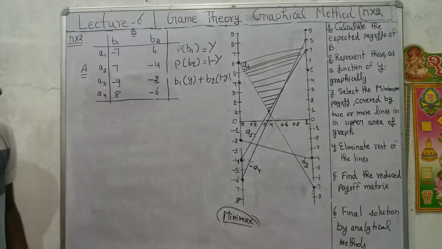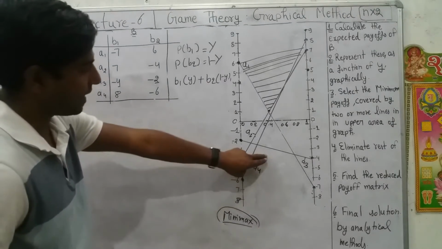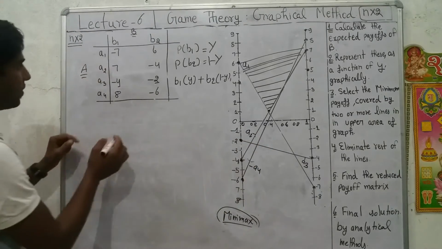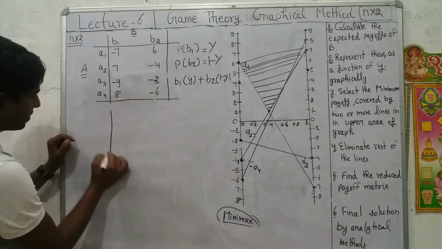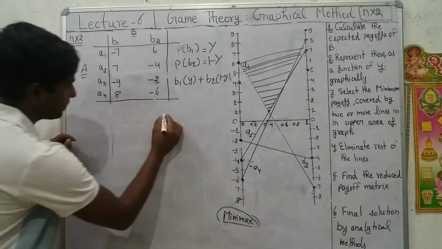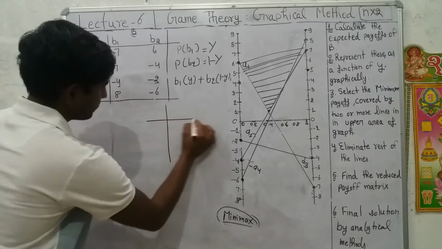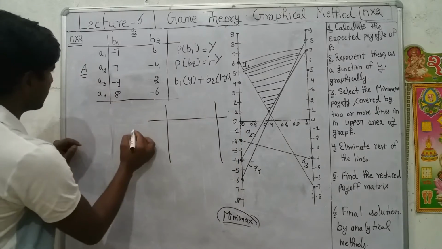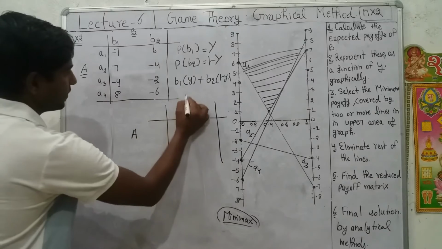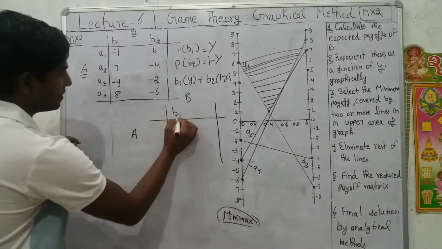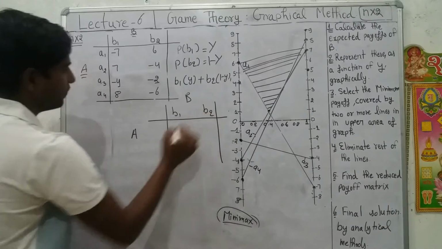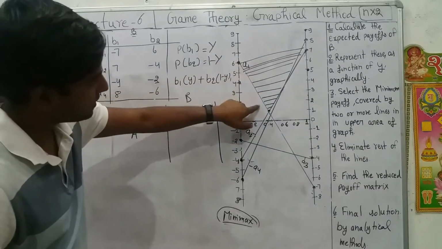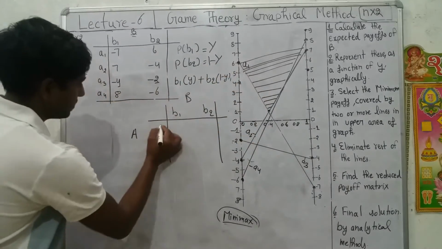After eliminating the two lines A3 and A4, we got the reduced payoff matrix, in which company B has two strategies, B1 and B2, and company A has the A1 strategy and A2 strategy.